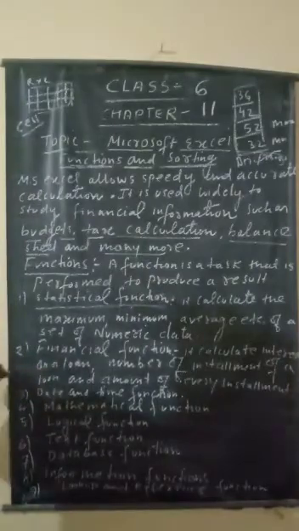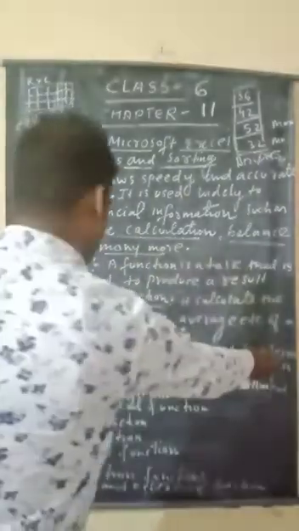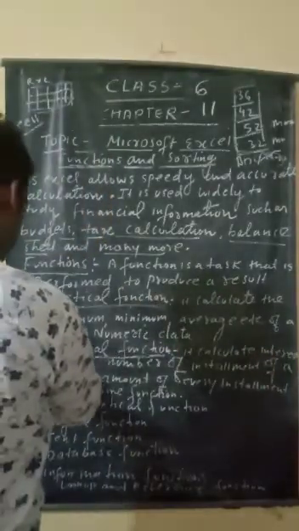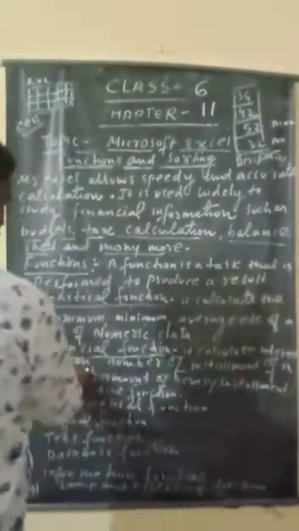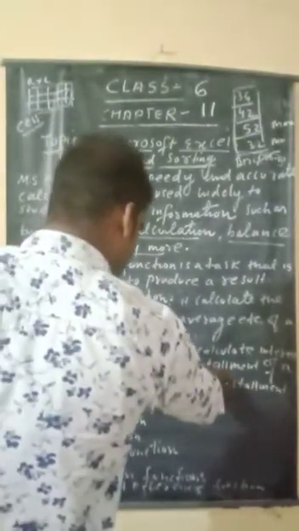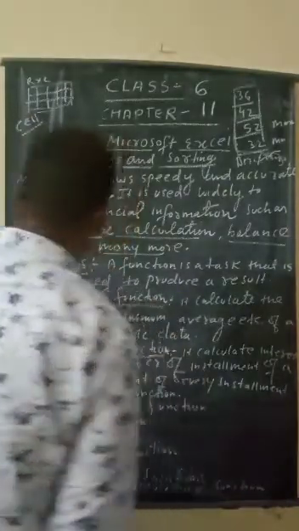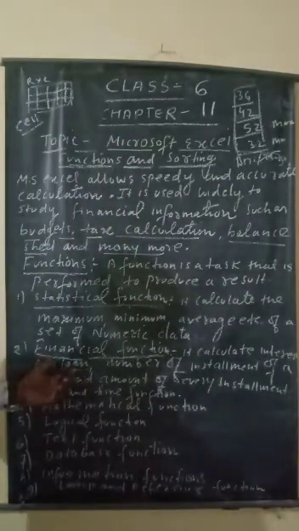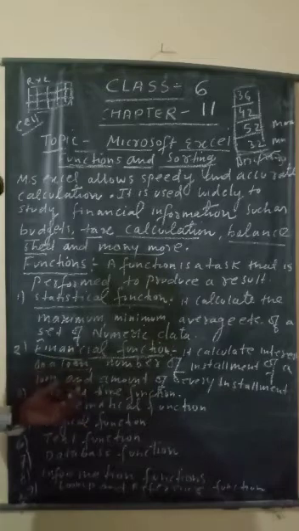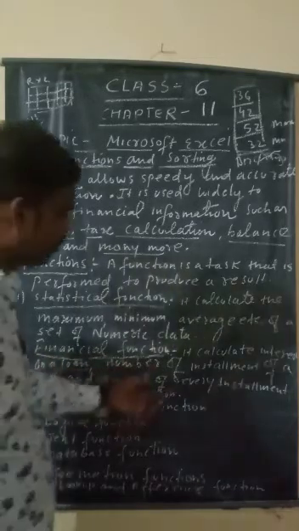Second one is financial functions. Financial is related to money. So it calculates the interest of a loan, the number of installments of a loan, and the amount of every installment. If you take a loan from a bank, it shows how many loans there are and how much interest.